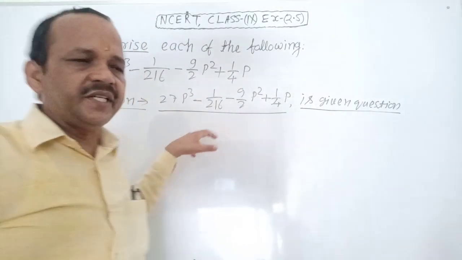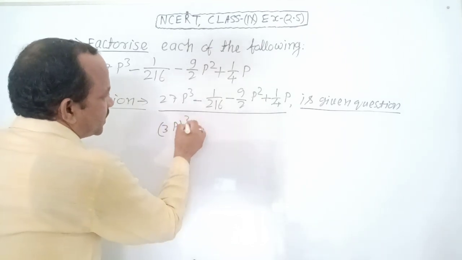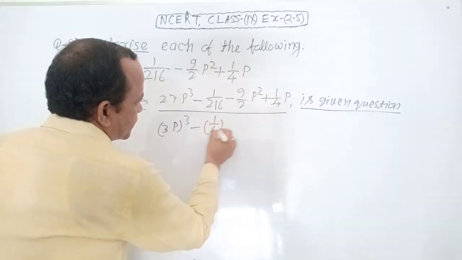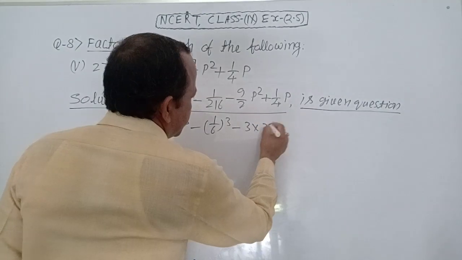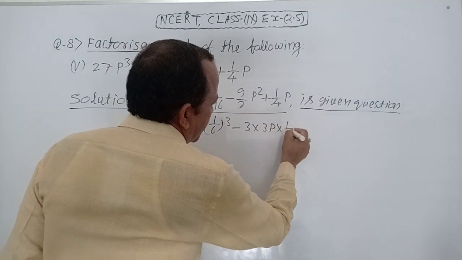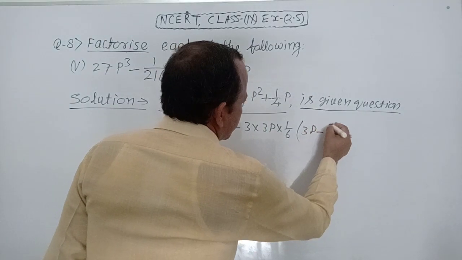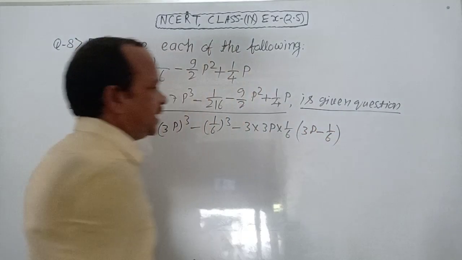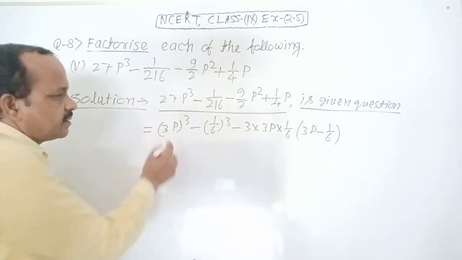You can write it as (3p) whole cube minus (1 by 6) whole cube minus 3 multiply 3p multiply 1 by 6 in brackets (3p minus 1 by 6). You can write it like this.